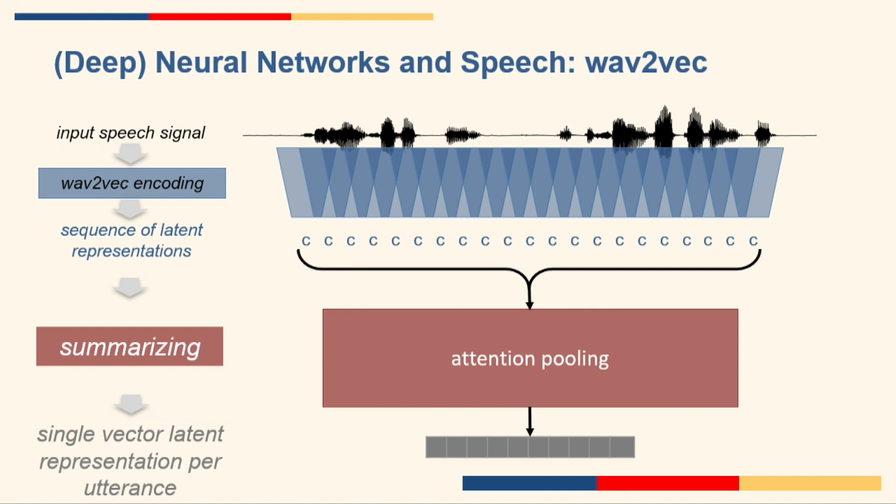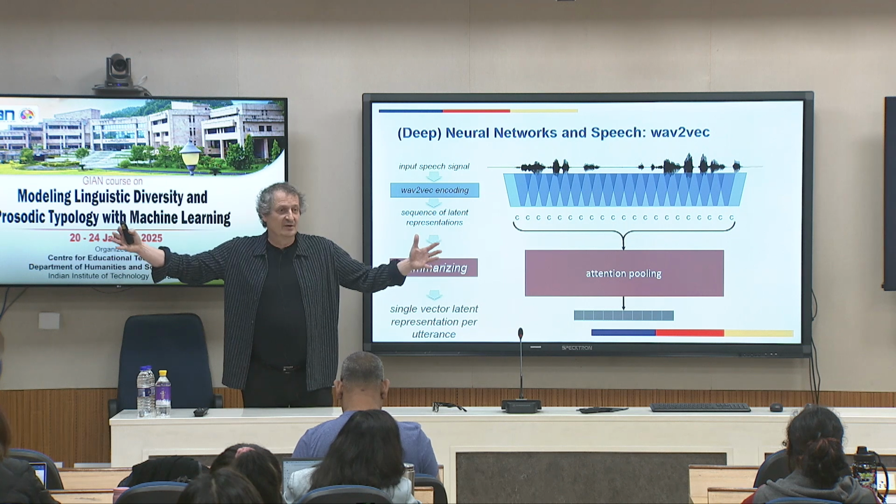This is done by the technique called attention pooling. Don't worry about it, I'll unpack it a little bit. The important thing is that this summarization is done in a way which is useful for the task we want to do. You can have many different summarizations of the utterance.